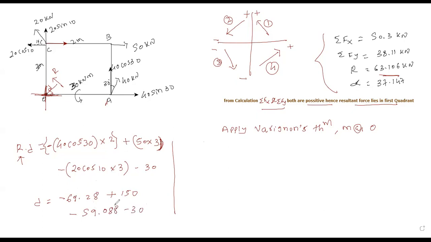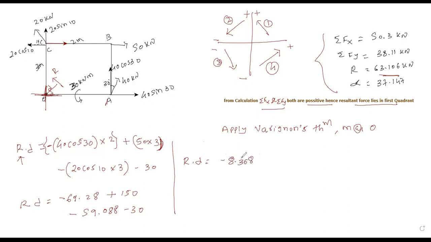Minus 30, okay, R into D. So minus 69.28 plus 150 minus 59.088 minus 30. You will get 8.36, 8 point something. The answer of R into D is equal to minus 8.368.